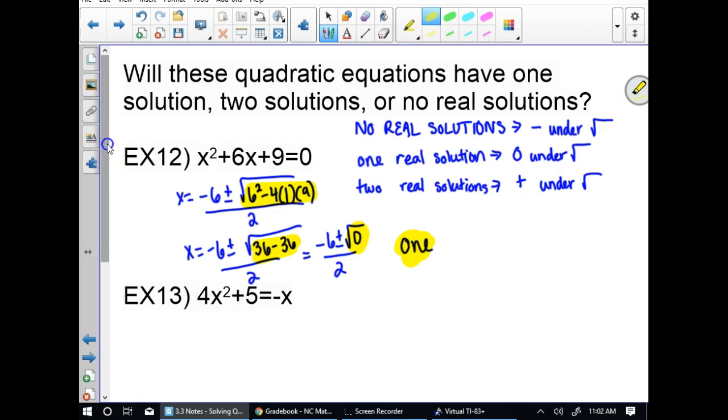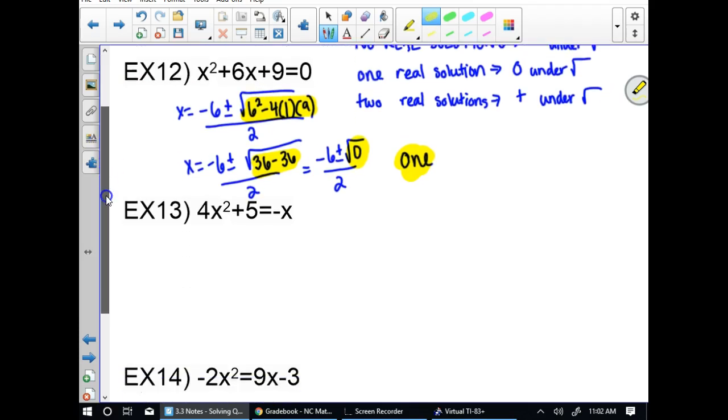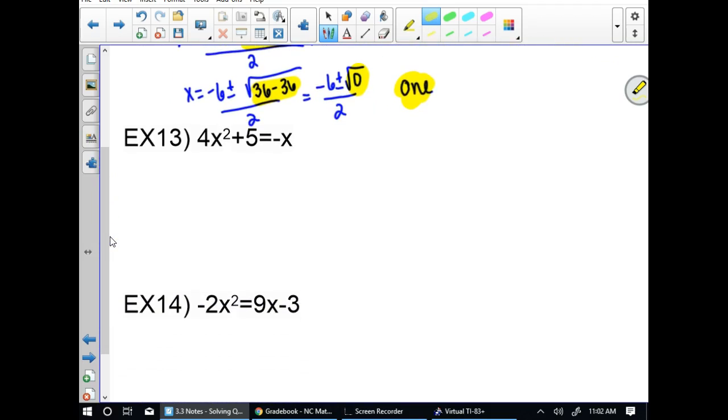So if we look at number 13 here, and all we care about this time is whether it's got 1, 2, or no solutions, right? The first thing I would have to do is move that x over to the other side. So I'd have 4x squared plus x plus 5 equals 0.